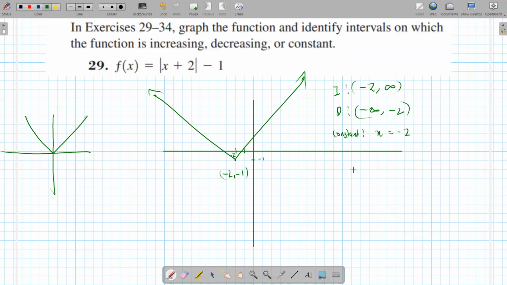Let me just get this down. The function is absolute value of x plus 2, minus 1. Parent function equals absolute value of x.